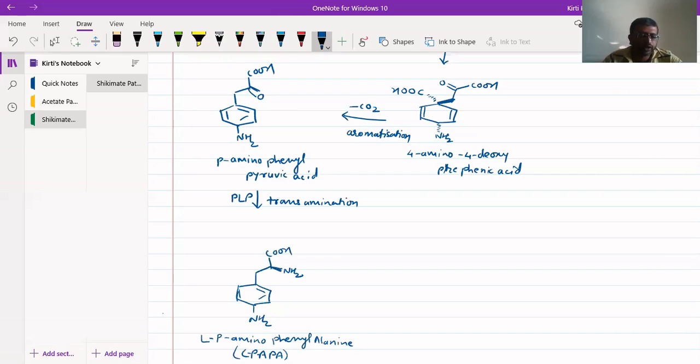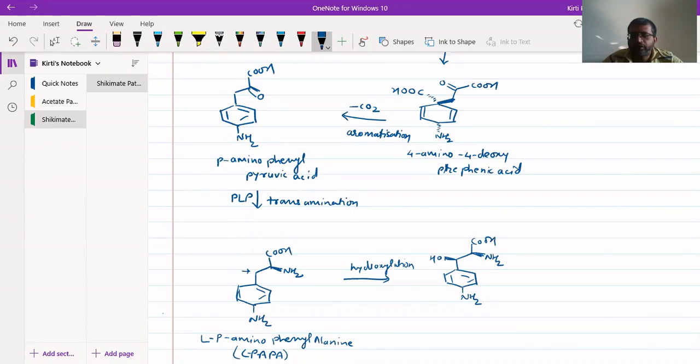This undergoes further hydroxylation reaction. Hydroxylation at this position. So we will have NH2, here NH2, here we will have an OH, this side COOH.